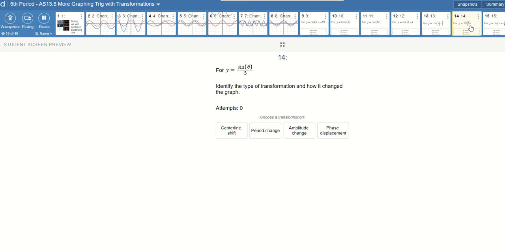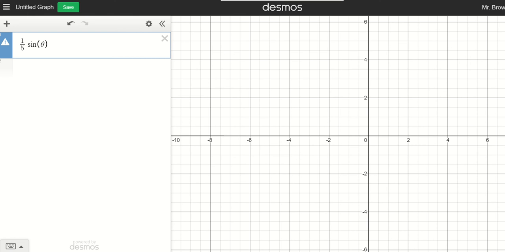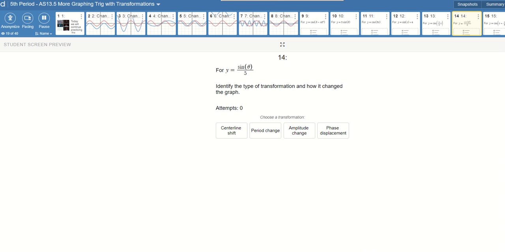1/4 sine theta over 5. This is kind of a weird looking one, but this is actually no different than if we had 1/5 out front times the sine of theta. So this is exactly the same thing. It's just a different way of writing it. Dividing is the same as multiplying by a fraction. So this is multiplying outside of the parentheses.